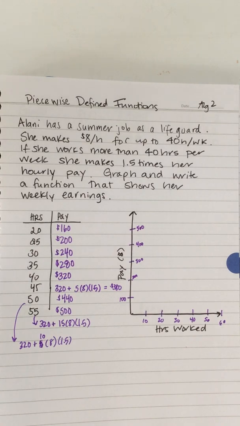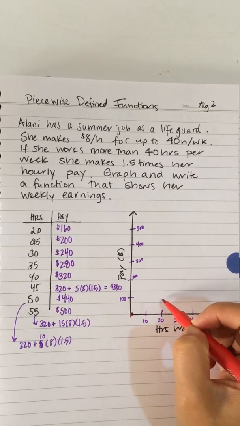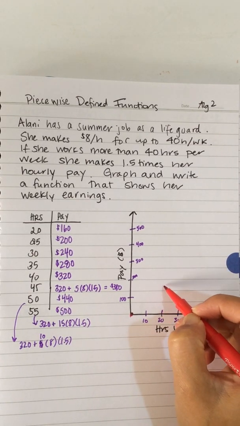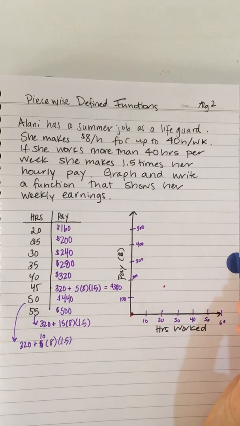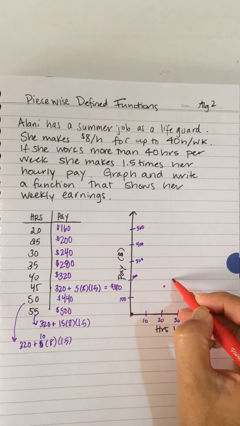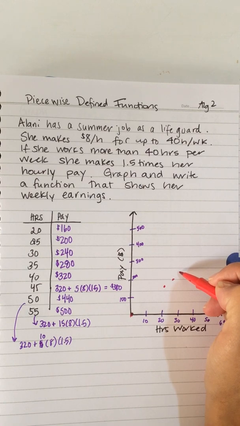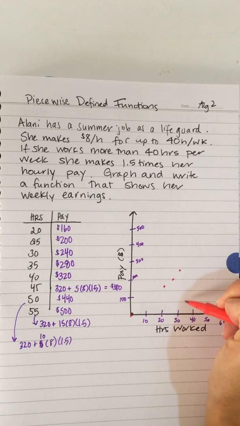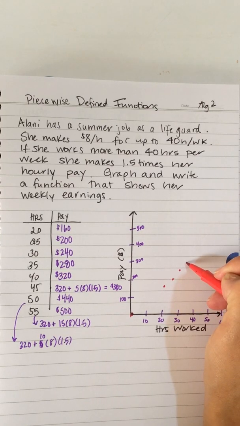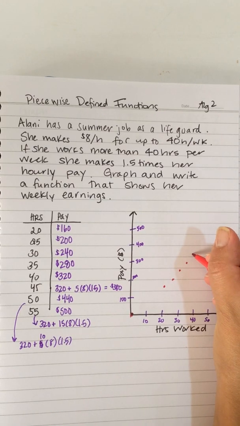I'm going to use a different color here for graphing. If she works 0 hours, $0. If she works 20 hours, she's at 160, a little bit more than half, so here. 25 hours, she's at 200. 30 hours, she's at 240, a little less than half, so maybe here. 35 is 280. 40 is 320, so a little bit more right here.